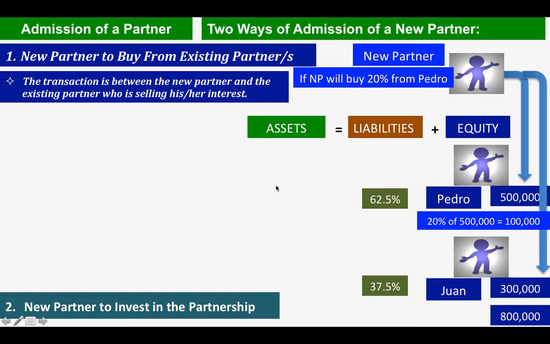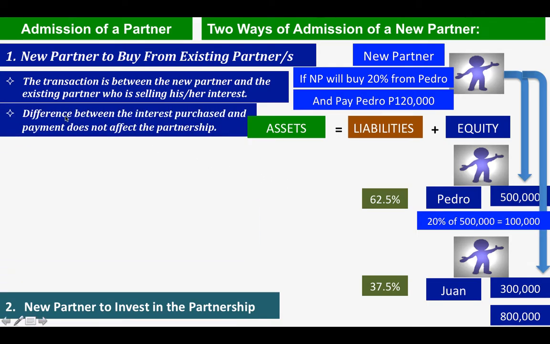Okay? So in the agreement between the new partner and Pedro, the new partner will pay Pedro 120,000. What will be the accounting consideration in that?